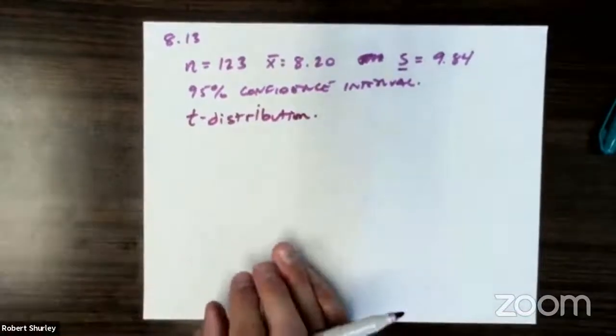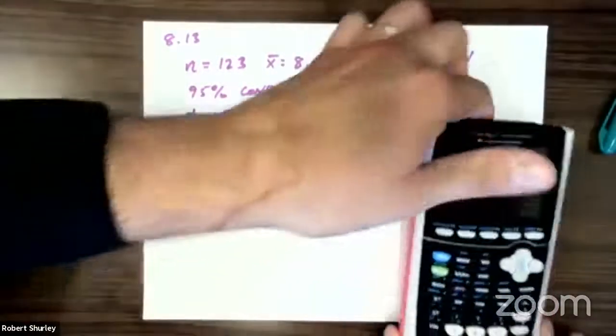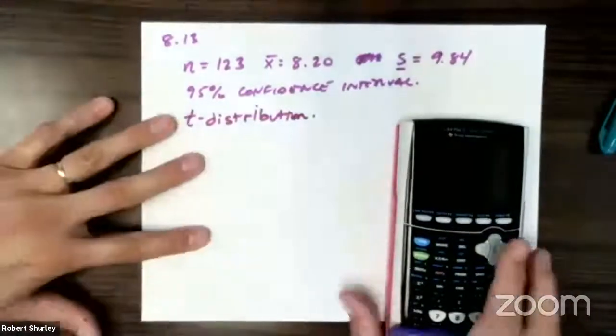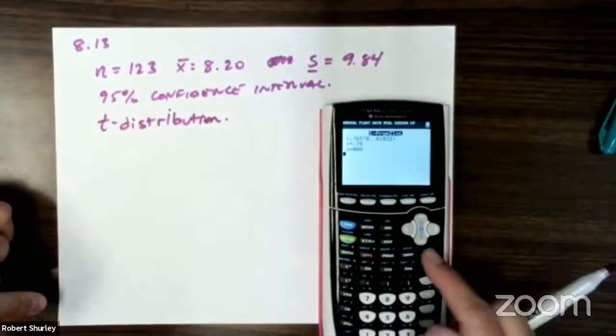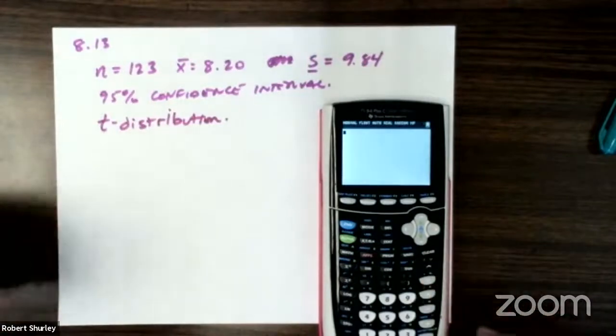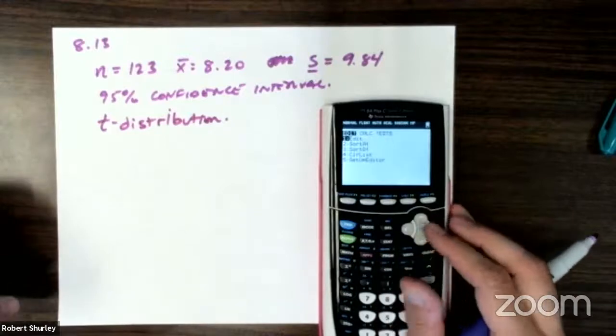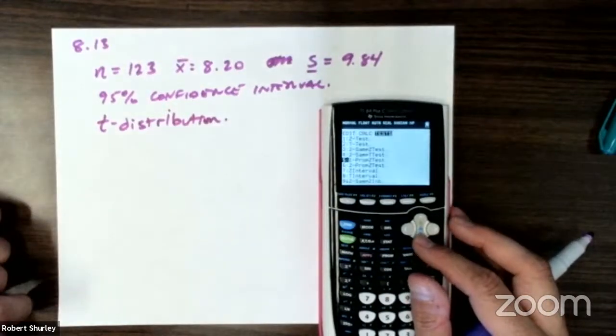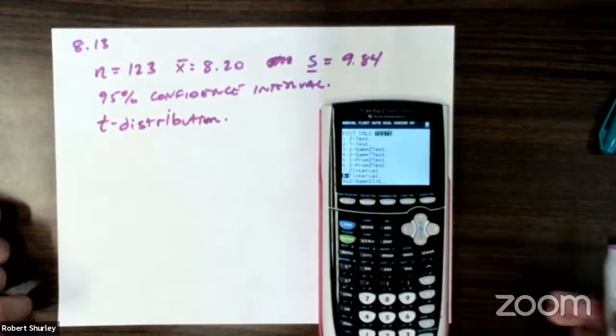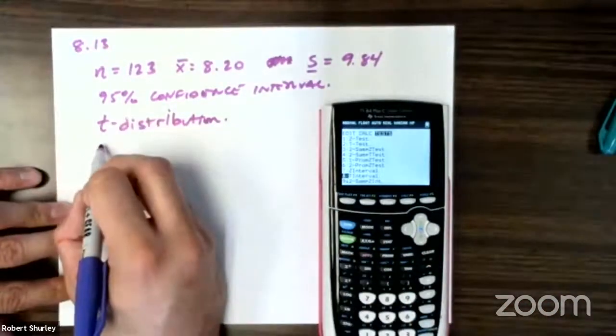When we pop this into the calculator, I'm going to go into stat, tests, and you'll see t interval, number 8.